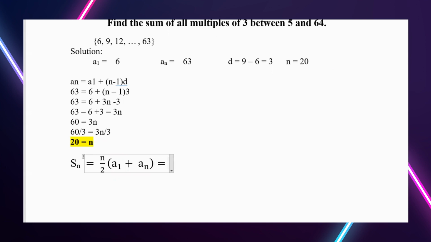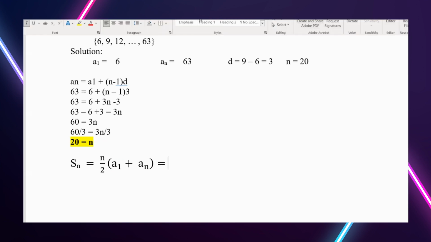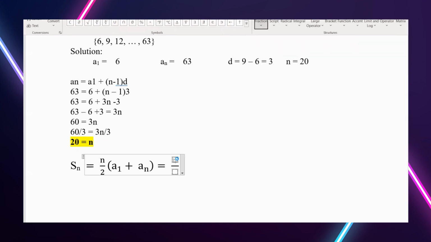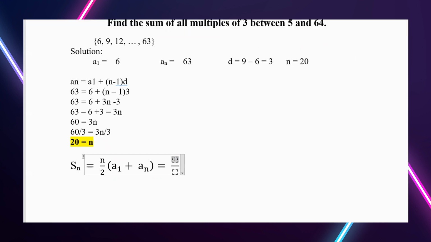Para mas madali natin siyang masolve, gamitin natin ang unang formula. Okay? So, isubstitute na natin ang mga values. So, ang value ng n ay 20. Very good. We have divided by 2 times ang value ng a sub 1 natin ay 6 plus ang value ng last term natin ay 63.